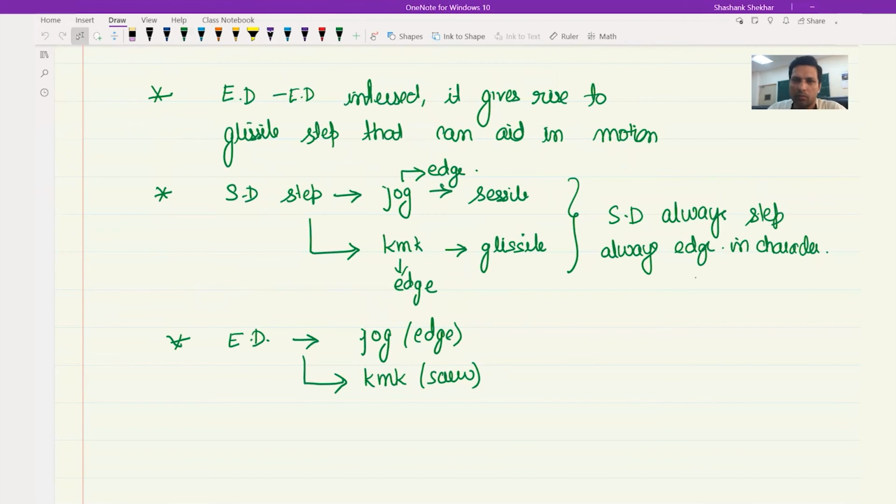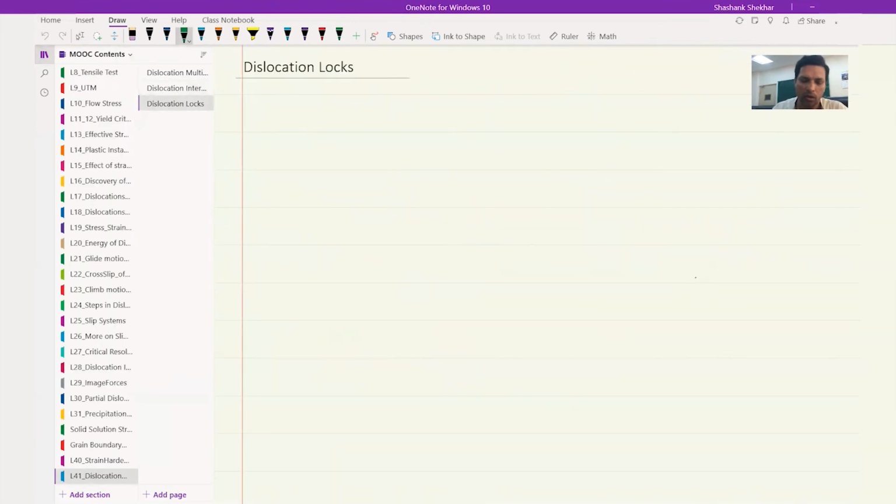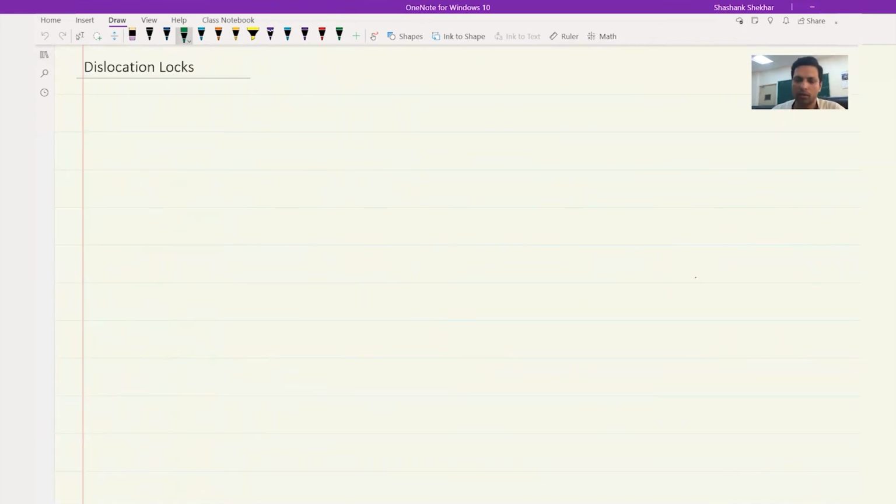There can be other natures of pinning of dislocations also, but this is one way that dislocations can get pinned. And there is still another way of pinning of dislocations, which is where we move on next. And that is called dislocation locks.